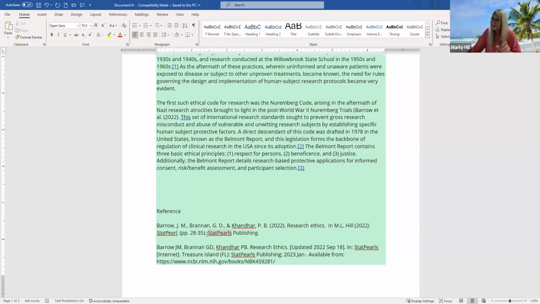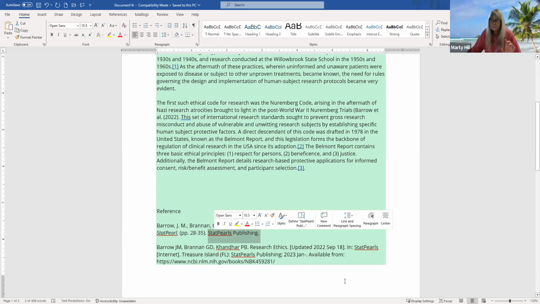When we transferred to APA 7th, we no longer need to put the publisher's city and state. For example, here you have Treasure Island, Florida, which is the city and state of the publisher, but we no longer need to do that. All we have to do now is just put the publisher's name.